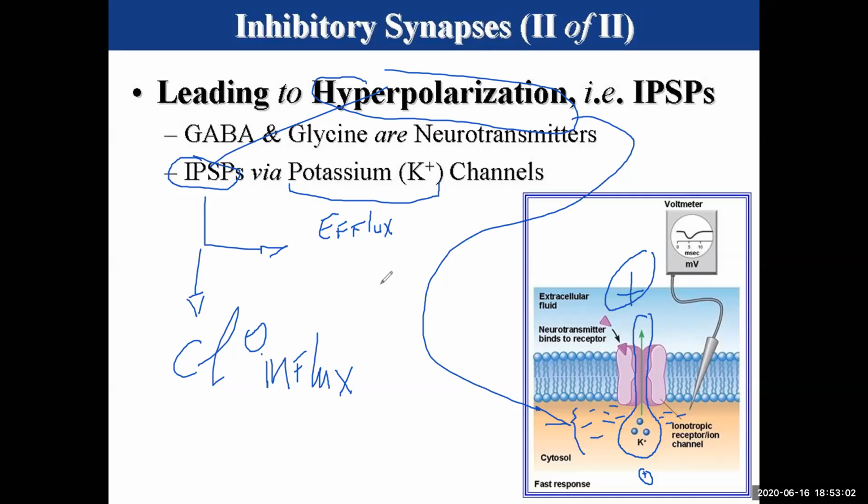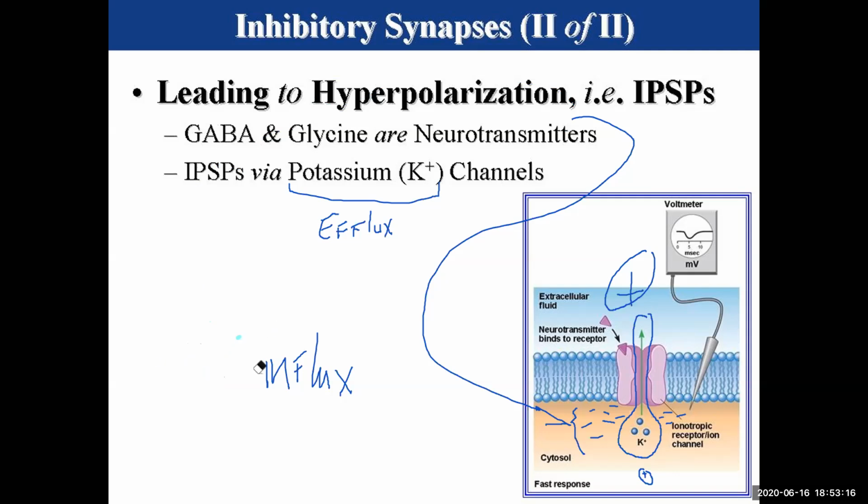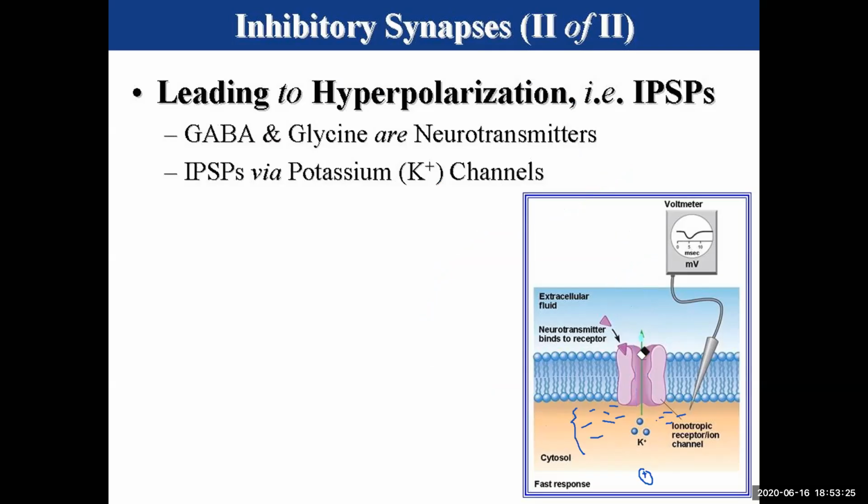When I say cell body, again, I'm excluding the axon hillock. So those are the four mechanisms by which the postsynaptic neuron can generate EPSPs or IPSPs. So two ways to generate EPSPs, two ways to generate IPSPs.